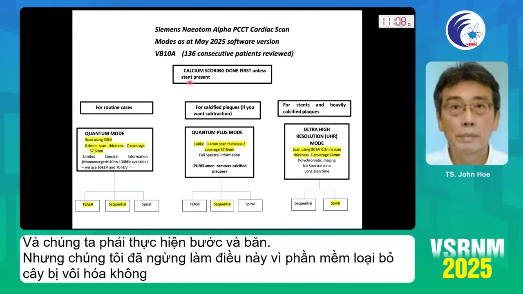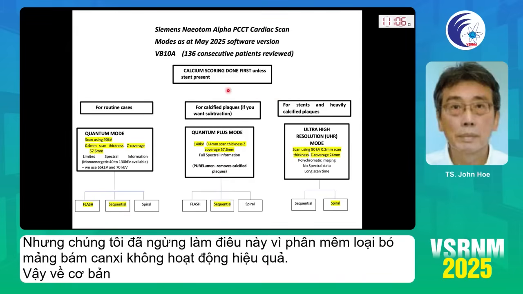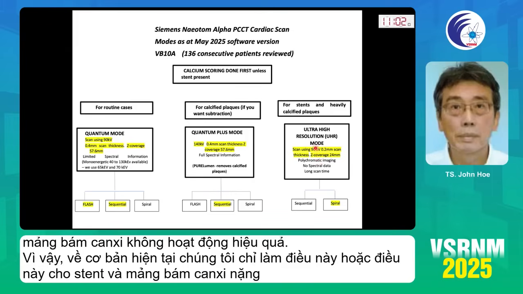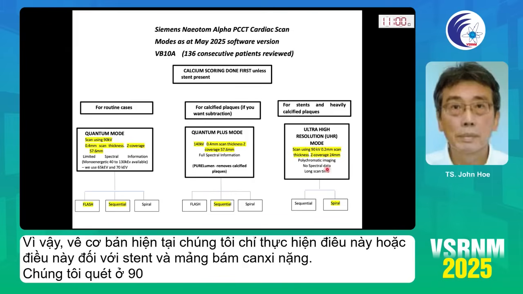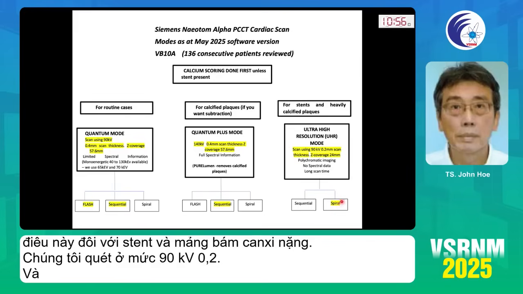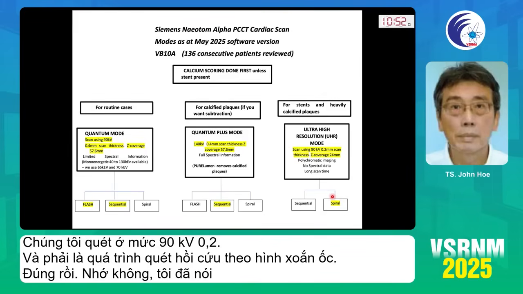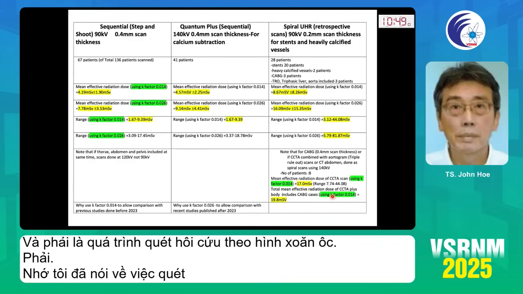So basically, currently we're only doing this or this. For stents and heavily calcified plaques, we scan at 90 kV, 0.2, and it has to be a spiral retrospective scan. Remember I said the scan coverage is 2.4 centimeters.